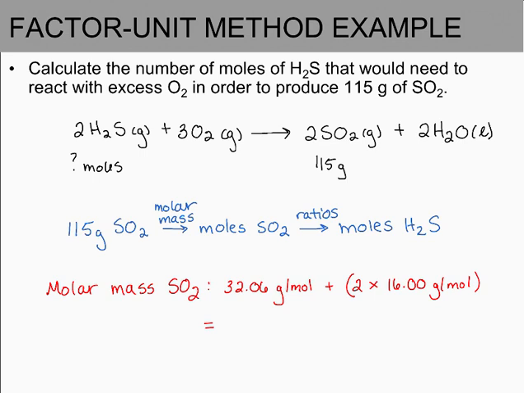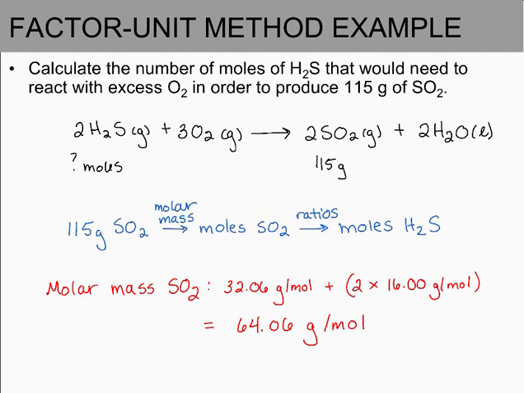And then we're just going to plug that into our calculators. And we should find that the molar mass of SO2 is 64.06 grams per mole. So now we can use that to convert from grams of SO2 to moles of SO2.